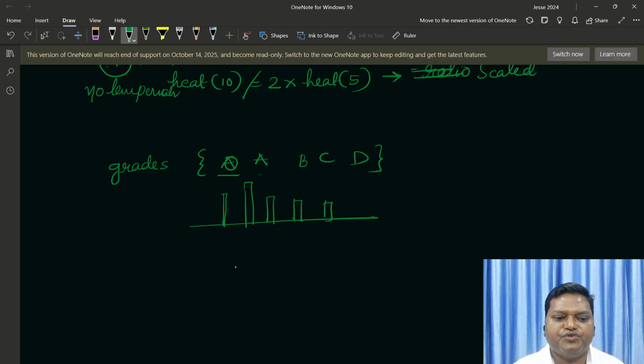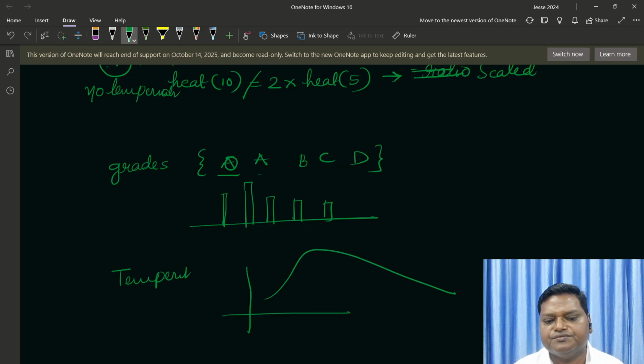Whereas continuous, for example, you take the temperature. When you plot the temperature, it is continuous. Temperature may be 20, it may be 20.1, 20.2, 20.3, and so on. It will take any value. When you talk about grade, it is either A or B, not in between.